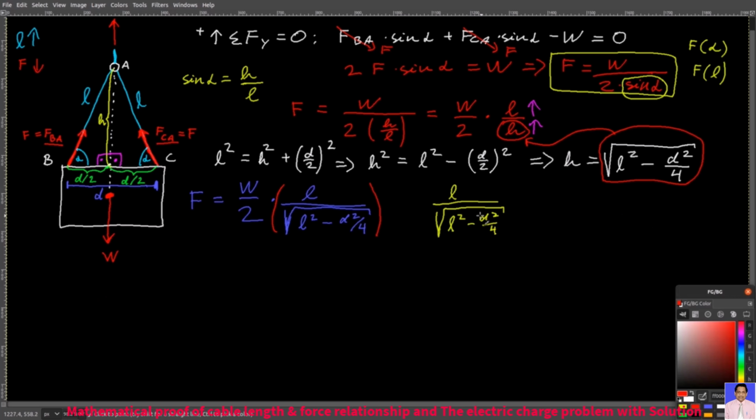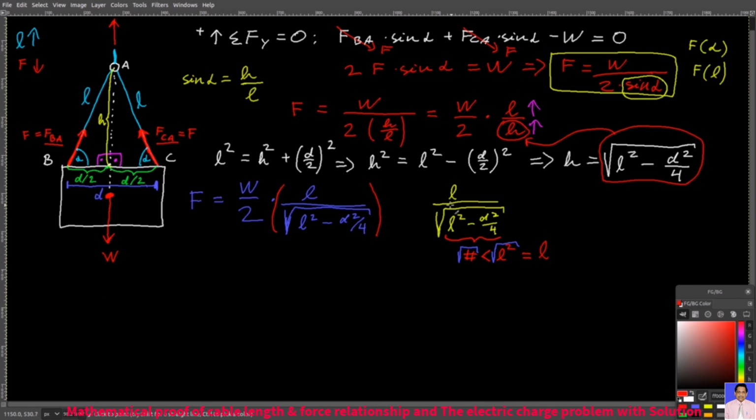However, here you subtract something from L squared, which means that this number here will be smaller than L squared, which also means that if you square root it, then this number will be less than L. Remember, this one would be L, because you have square root of L squared. But this number here, if you square root it, it will be smaller than your L.